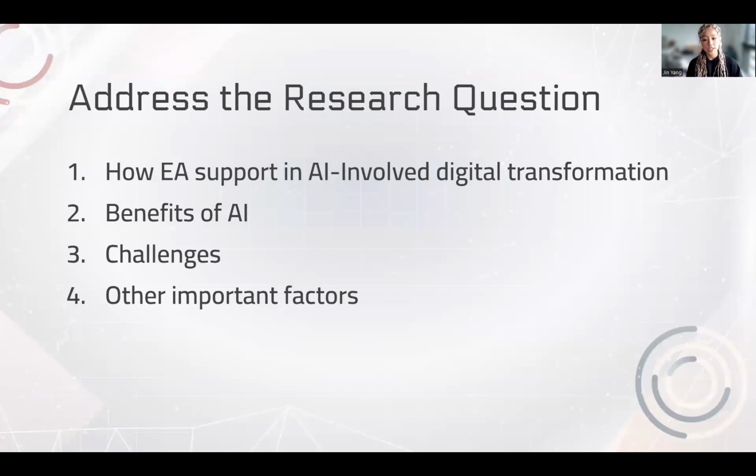Our examination and evaluation of the literature have provided us with valuable insight into ways in which EA can facilitate AI-involved digital transformation. We have also identified the benefits that AI can bring to the manufacturing industry, as well as the potential challenges and other important factors that require attention. So, the research question will be addressed from these four aspects.